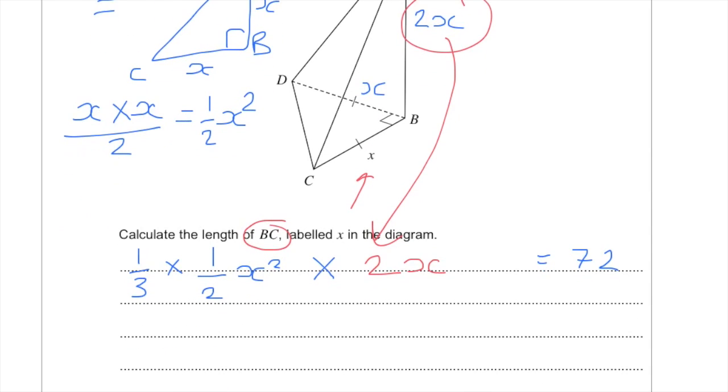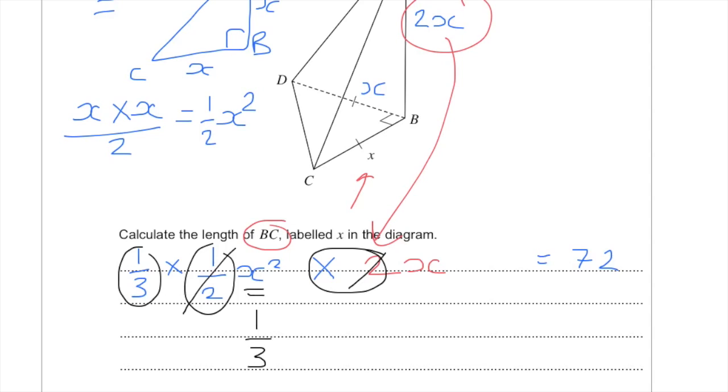Now we're going to simplify the left-hand side of this slightly. We have 1/3 multiplied by half multiplied by 2, so 1/2 and the 2 will cancel out, leaving us with 1/3. We have an x squared and an x, which will simplify to make x cubed, and this is equal to 72.